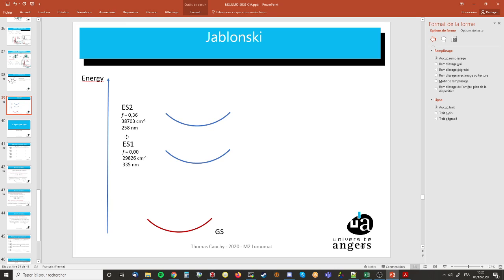Here we have the first excited state, the second excited state, and the third is almost with no absorption.